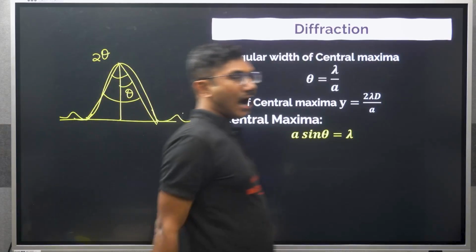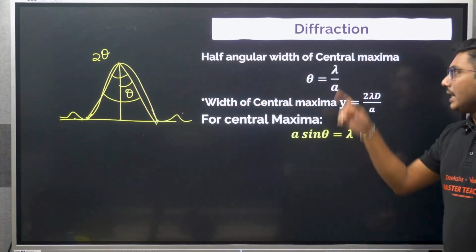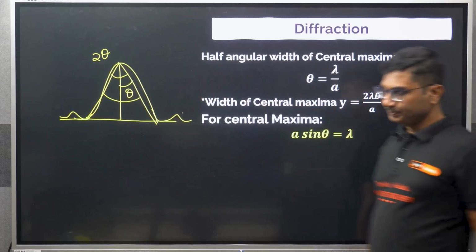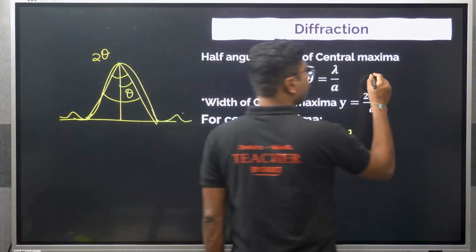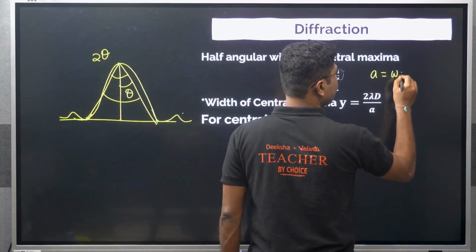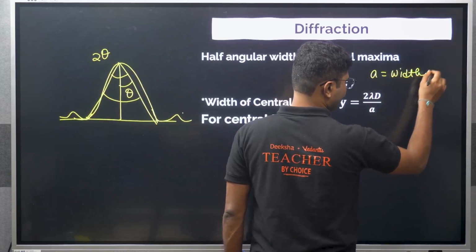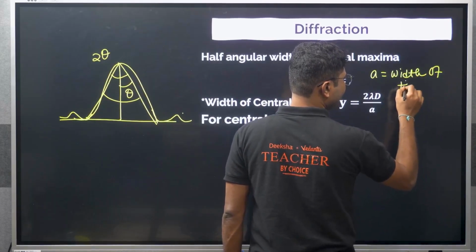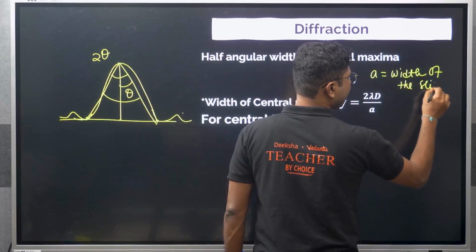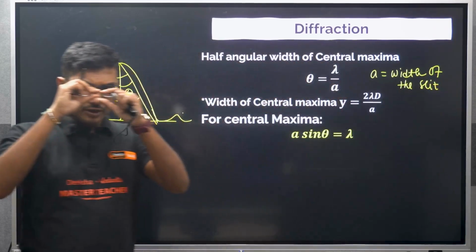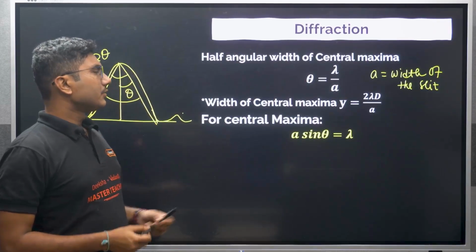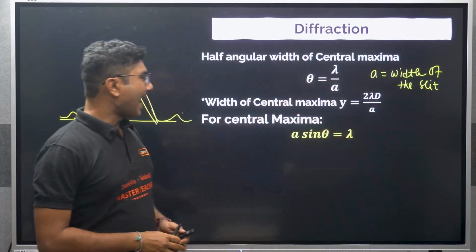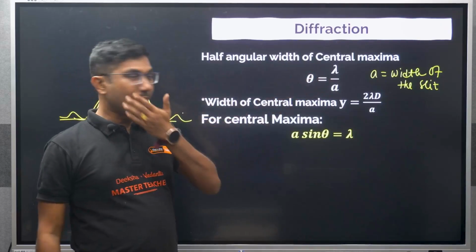The half angular width is given by lambda by a. What is a? a is the width of the slit. Slit means the opening, the width of the opening through which you are switching on the torch. So theta is given by lambda by a.